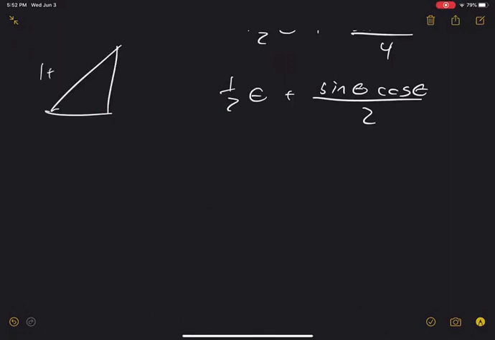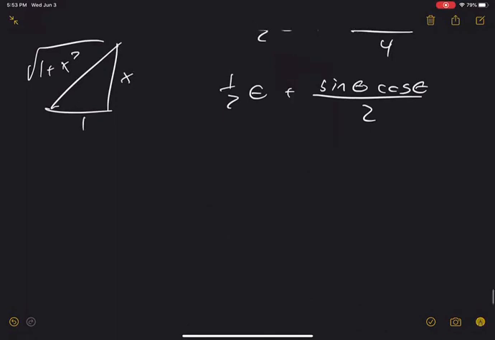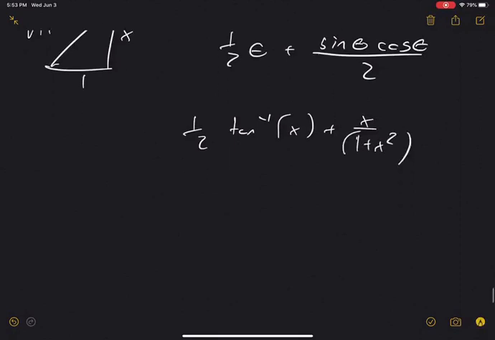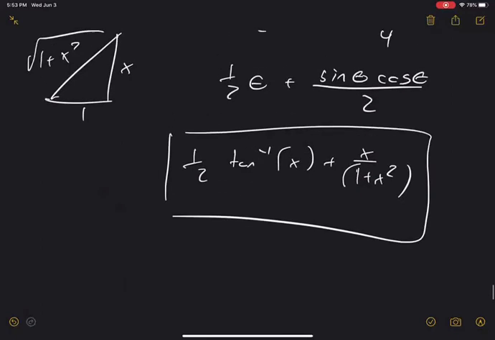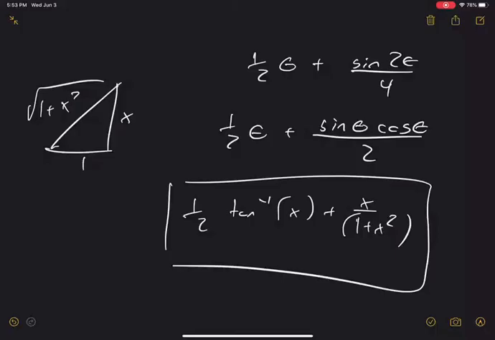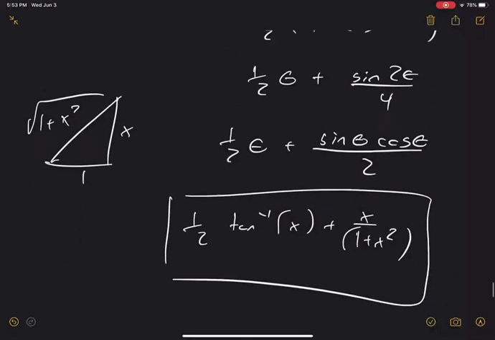Let's see. So I should get this for my integral of, oh wait, no. Yeah, I think that should be right. So that should be my integral of that one piece.